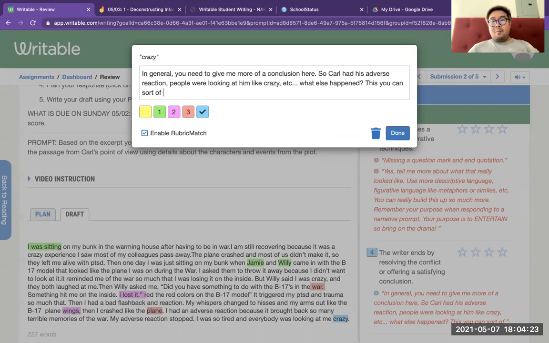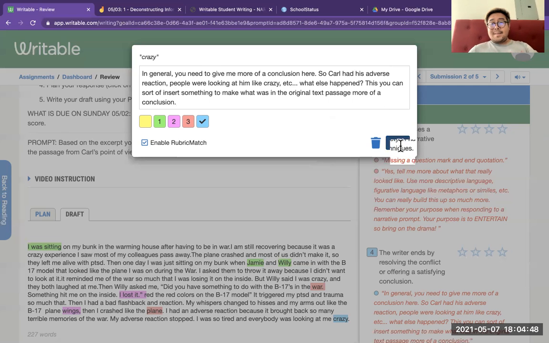So I would maybe add a thing or two to give it an actual conclusion. Okay, this you can sort of insert something to make what was in the original text passage more clear, more of a conclusion. Okay, and that's it.